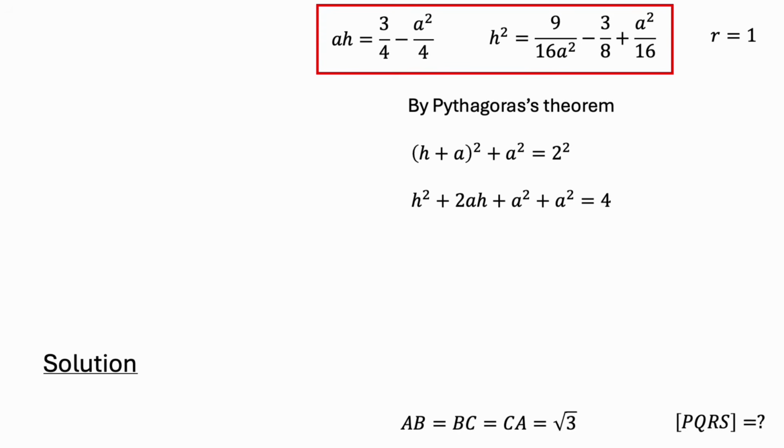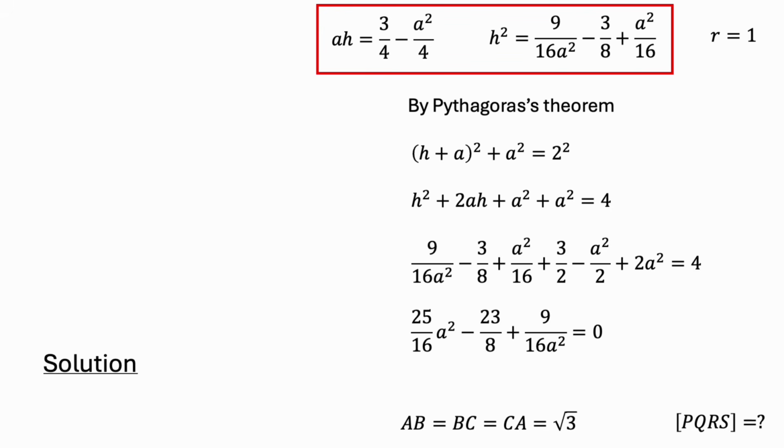Substituting for ah and h squared, we obtain 9 over 16 a squared minus 3 over 8 plus a squared over 16 plus 3 over 2 minus a squared over 2 plus 2a squared equals 4, which simplifies to 25a squared over 16 minus 23 over 8 plus 9 over 16a squared equals 0.